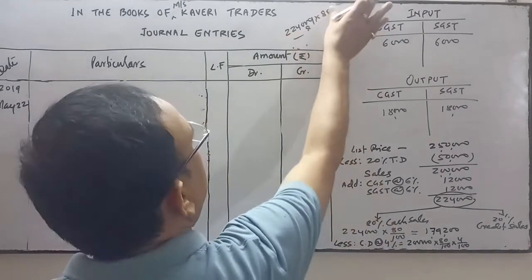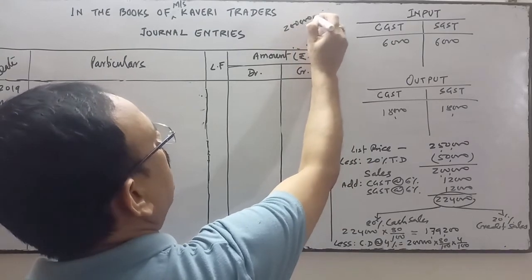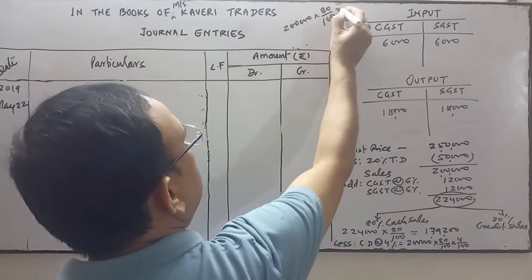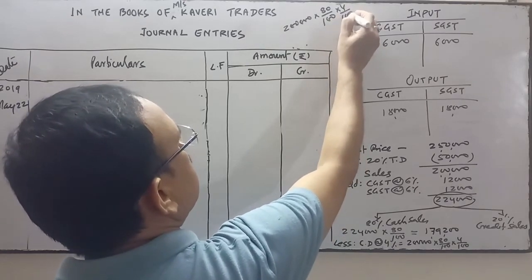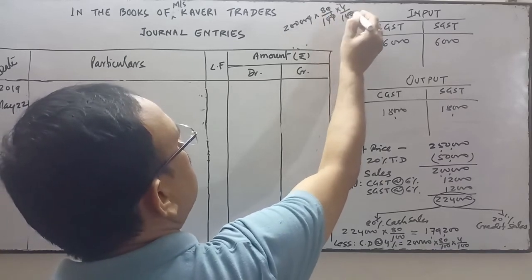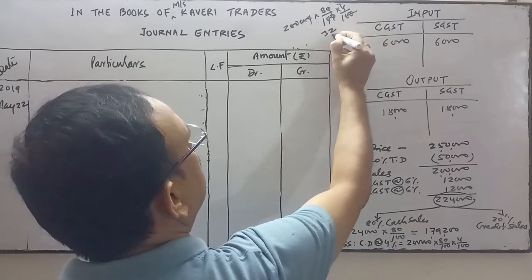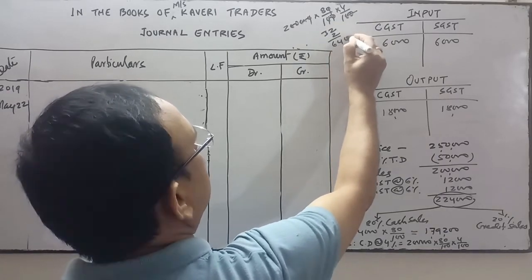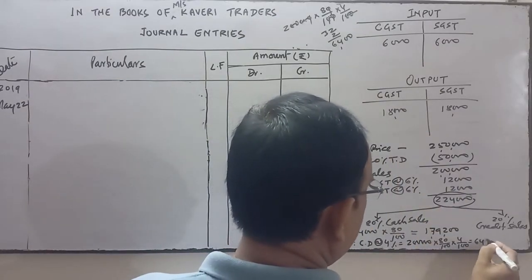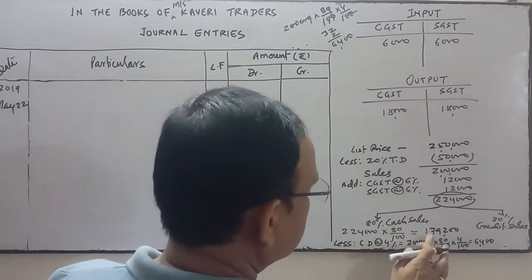So this comes to 6,400, and we will deduct this amount.